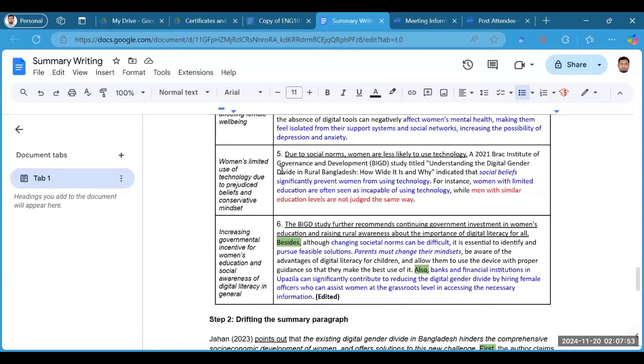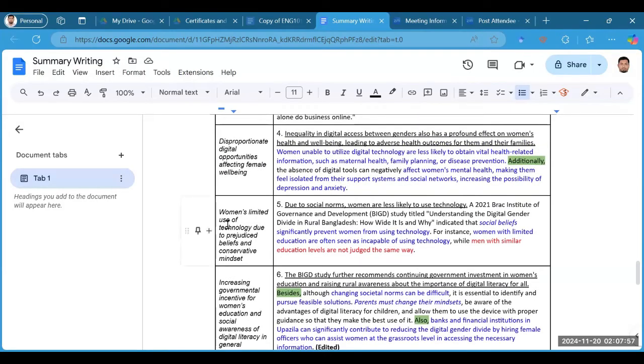The next paragraph's main idea, which is paragraph number 5, I have identified that women's limited use of technology is an outcome which is caused by the prejudiced or narrow conservative mindset of the society. So if you look at the first sentence, due to social norms, meaning social beliefs, social mindset, social attitude, etc., women are less likely to use technology.